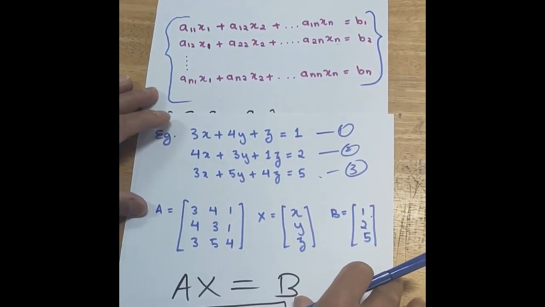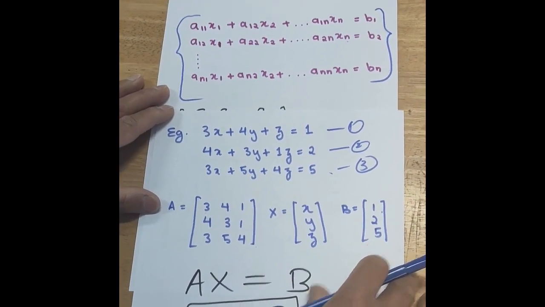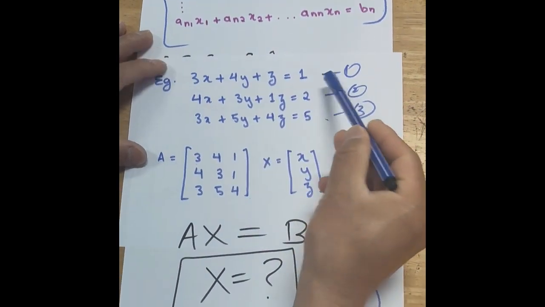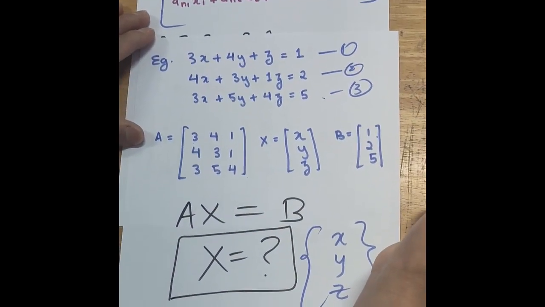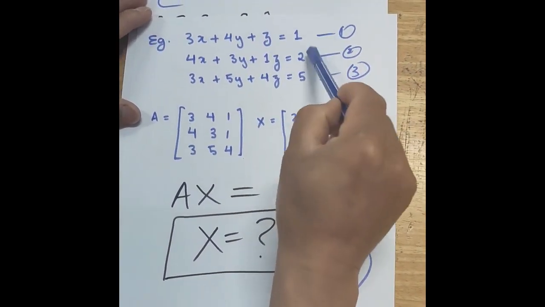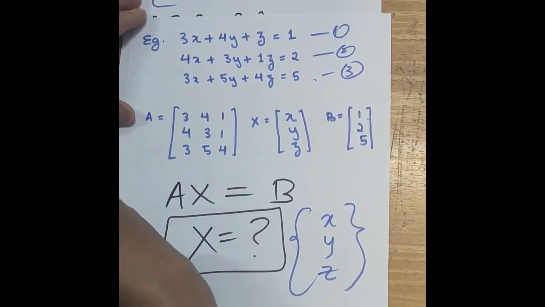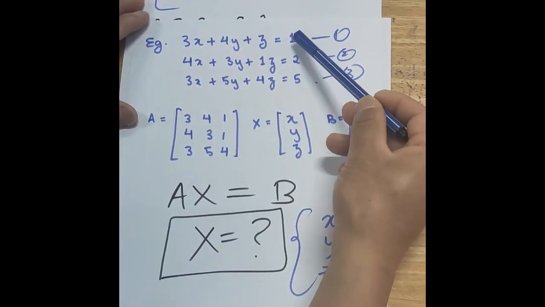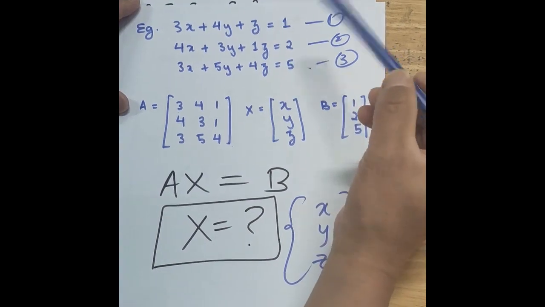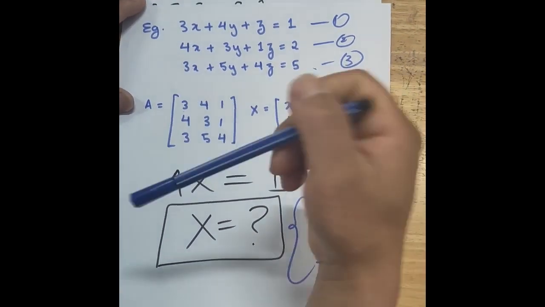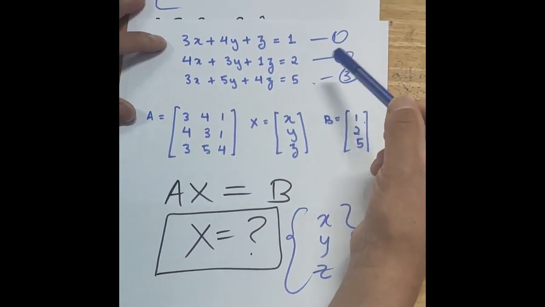Now, if we are given a system of three linear equations, how do you transform this system into the form of a matrix?